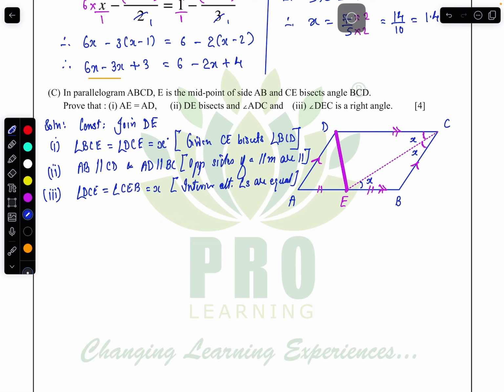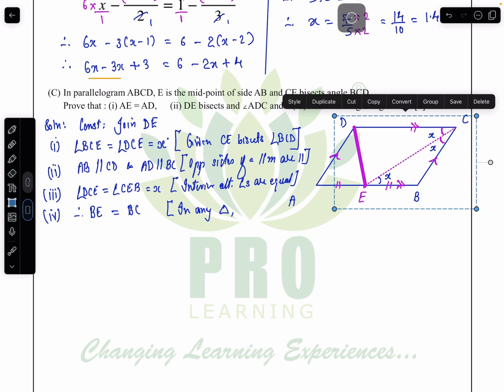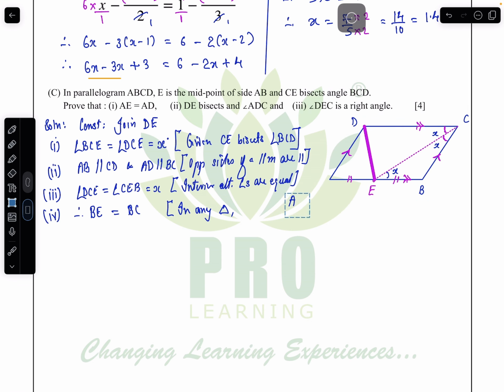Now it's quite obvious that triangle BEC has become isosceles. So we want to write that statement here. Therefore, BE is equal to BC, and the reason for this is: in any triangle, the side opposite to greater angle is greater, or the side opposite to smaller angle is smaller, or sides opposite to equal angles are equal.